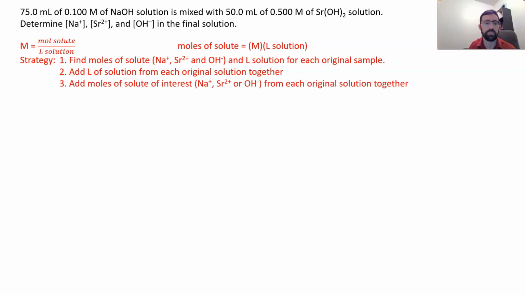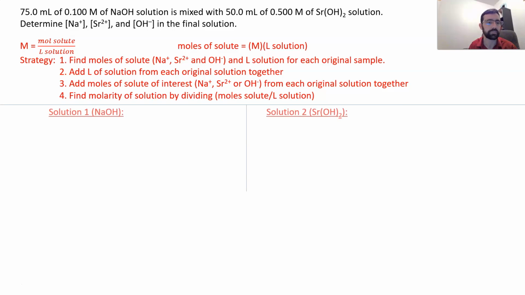We're going to add the moles of solute of interest from each original solution together. And we're going to find the molarity by dividing moles by liters for each of those ions respectively, in order to find the concentration of sodium, strontium ions, and hydroxide ions.